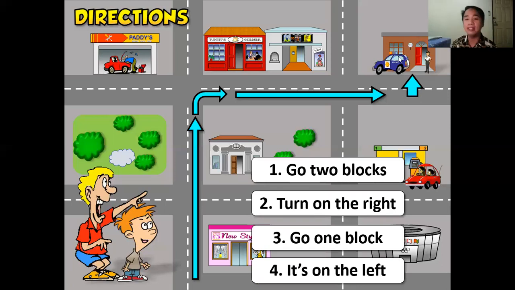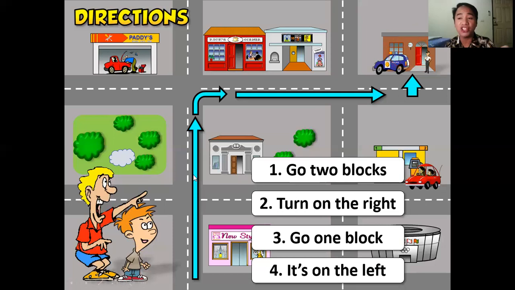So first, let's take a review. The boy is asking, where is the police station? So you have to follow the lines here, directions or the arrows. First arrow is this one. Okay, so you have to walk straight or you can say go 2 blocks. Okay, 2 blocks, meaning 2 places from 1 street.